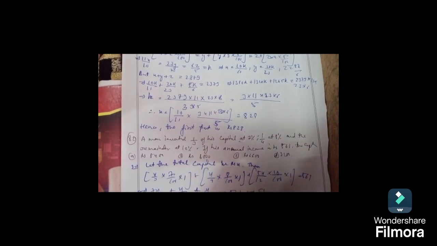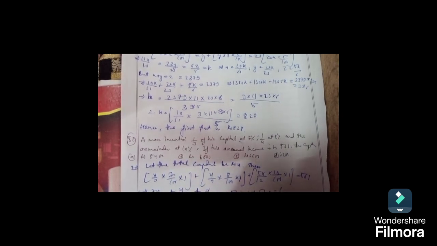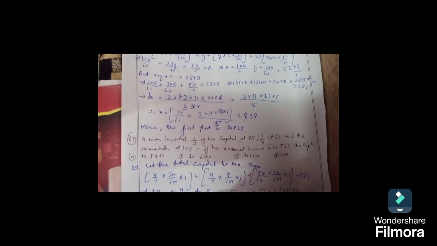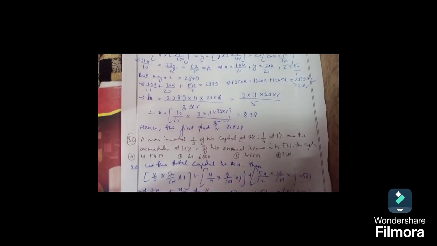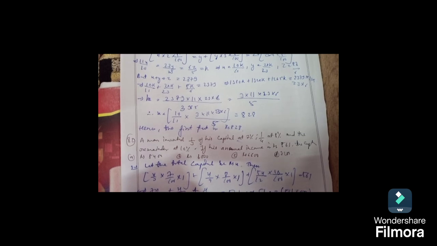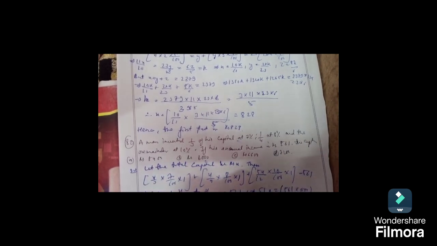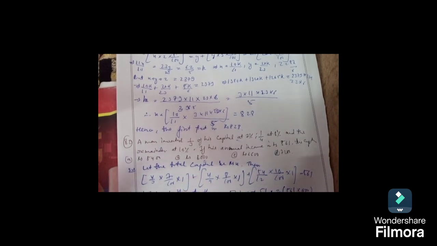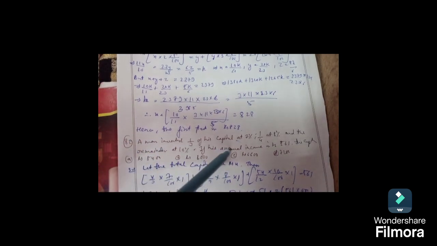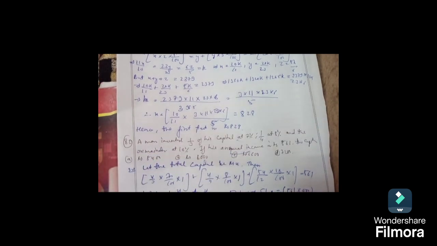Further, 51x equals 561 into 600, x equals 561 into 600 upon 51, that is equal to 6,600. That 6,600 will be the right answer for this question, that is option C.